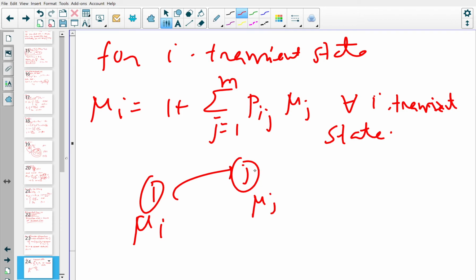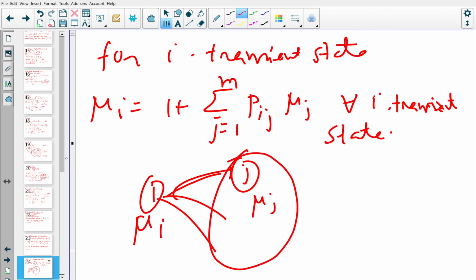You can go anywhere, j, k, whatever, and then you have to take the sum of all those things. First you need to take one step, so that is 1, and then you have the sum of all those. So this is the expected time to reach an absorption set.